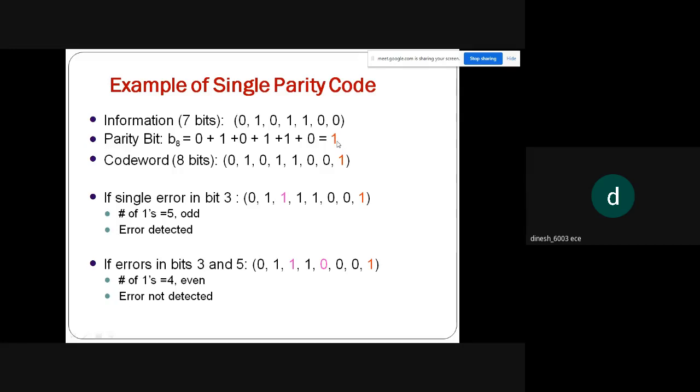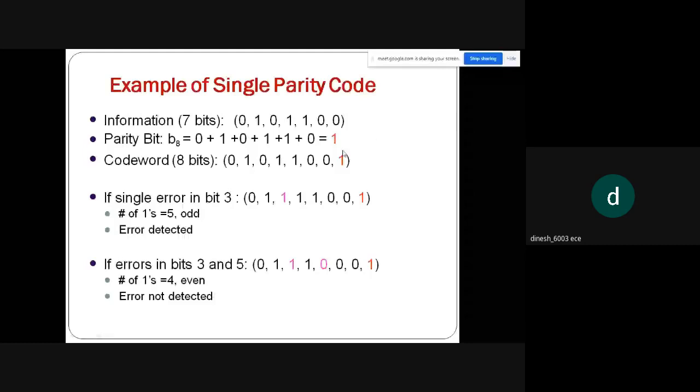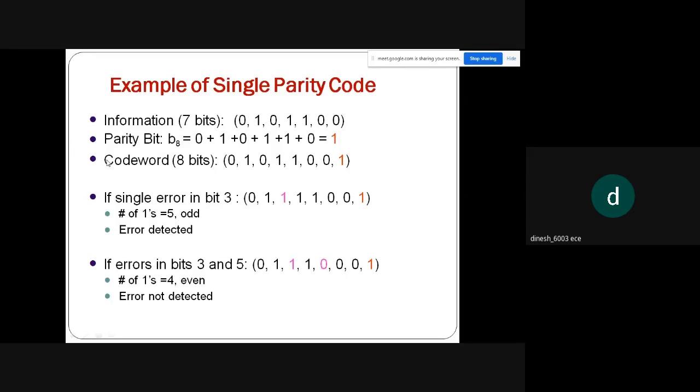This is to be added with your information. The one in orange color is added to your information. So 0, 1, 0, 1, 1, 0, 0, as it is you write, and this parity bit you add at the last. So this is your code word: 7 bits of information and 1 bit of parity checking. So this concludes your code word.